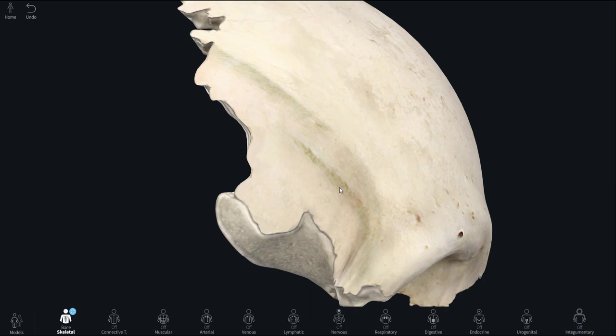So for this, to get things out of the way, what I would recommend you remember is that fascia starts with F, and muscle starts with M, right? F comes before M alphabetically.